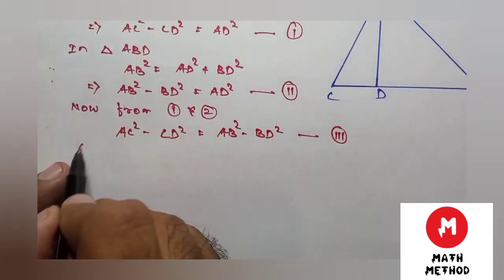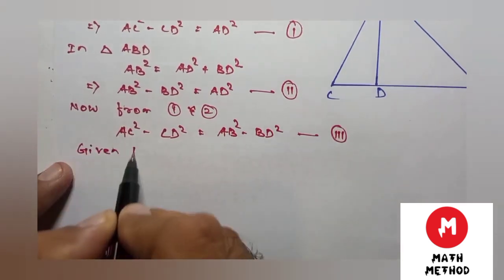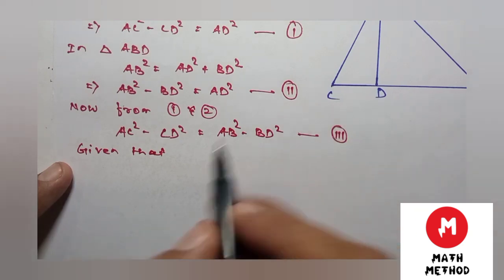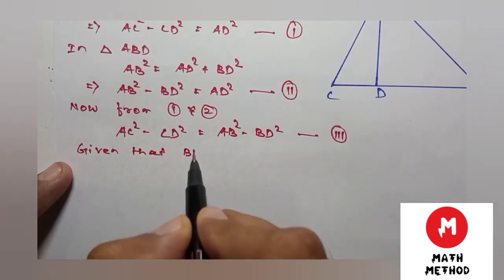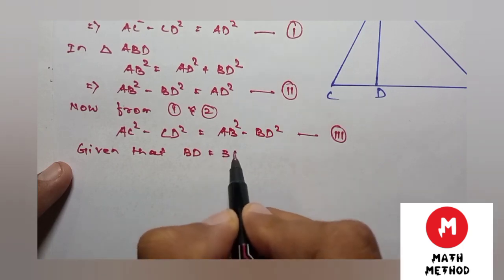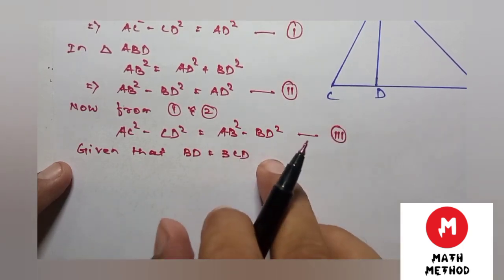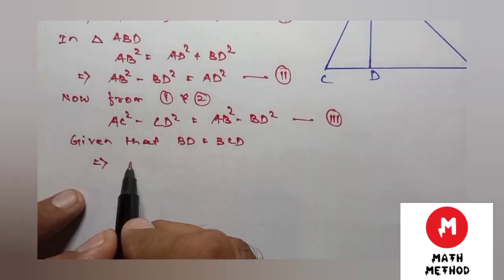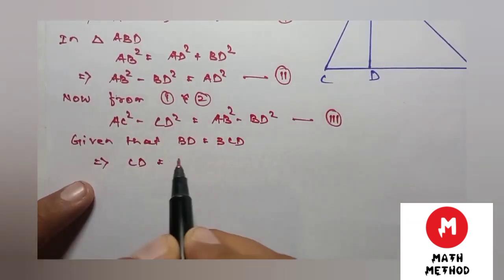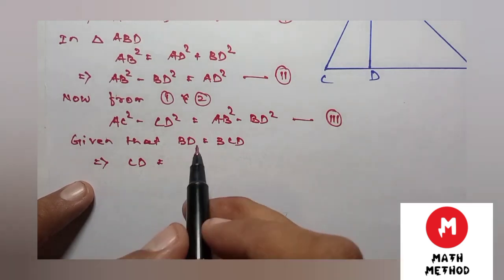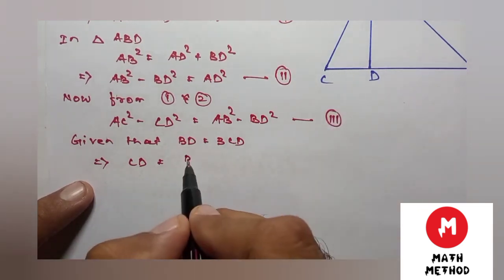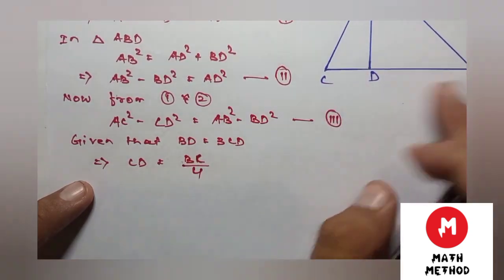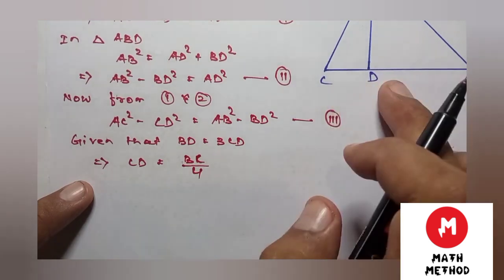Now given that BD is equal to 3 times CD, which is given. So it implies CD is equal to BC by 4, because by adding these we will get 4 times CD.